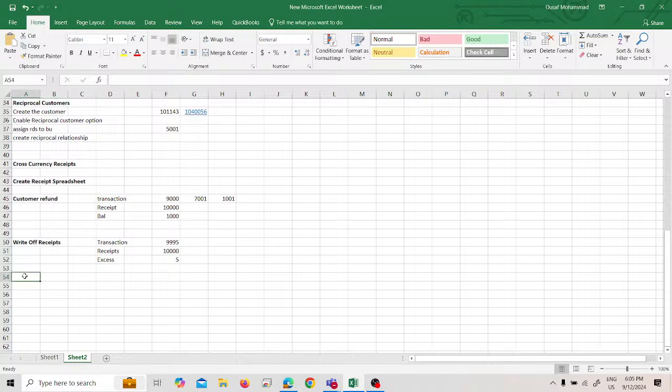Now the other concept that comes up is revenue recognition. What is revenue recognition in Oracle?